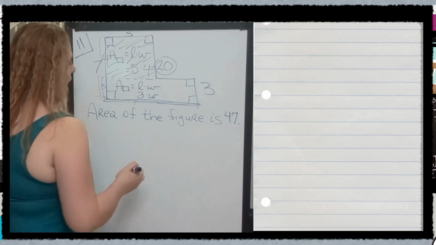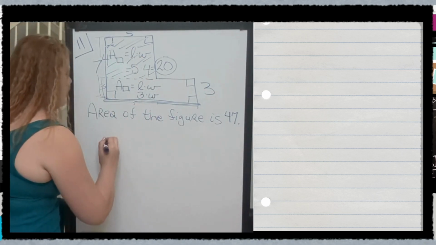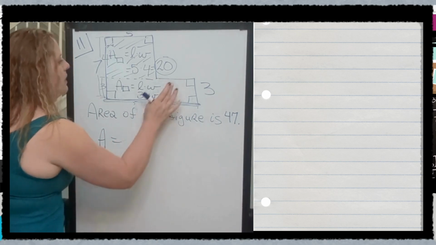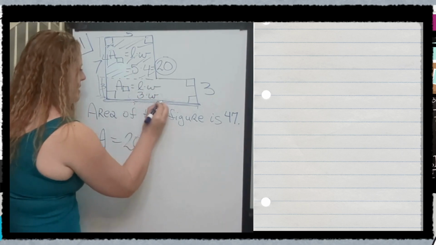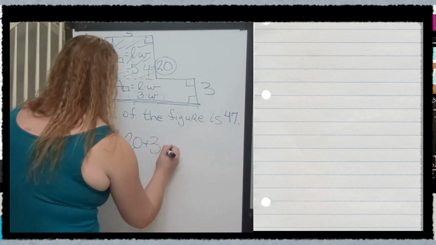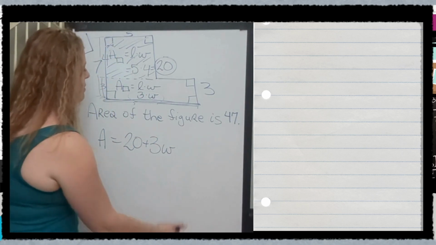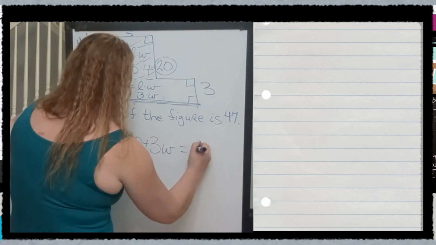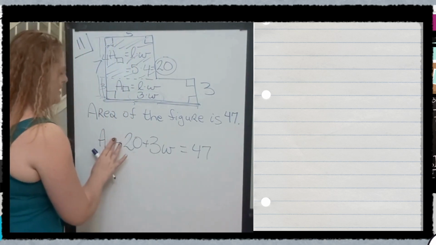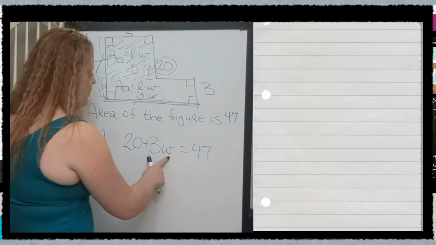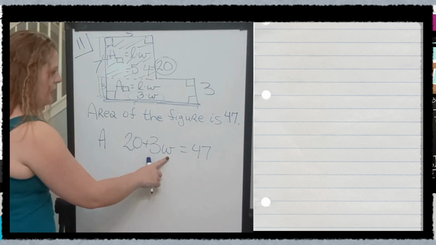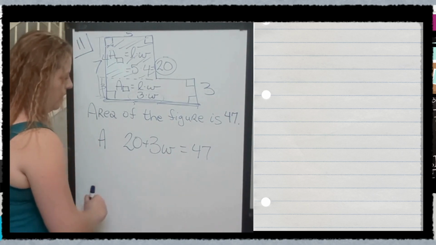So for the total area of the figure, I have 20 plus 3 times something is equal to 47. Now I can solve for that question mark or that W or that X or that L or whatever you want to call it.